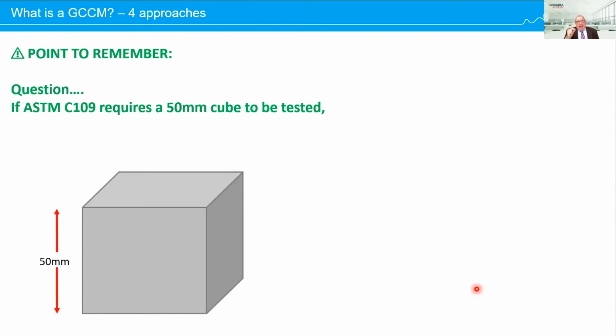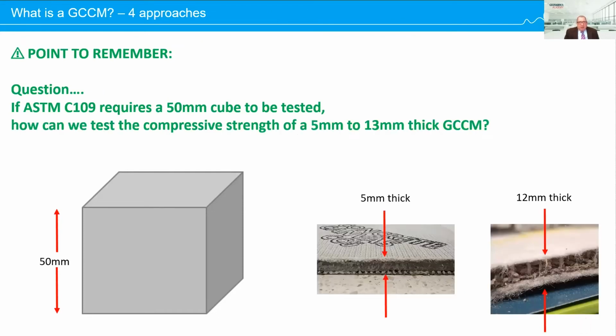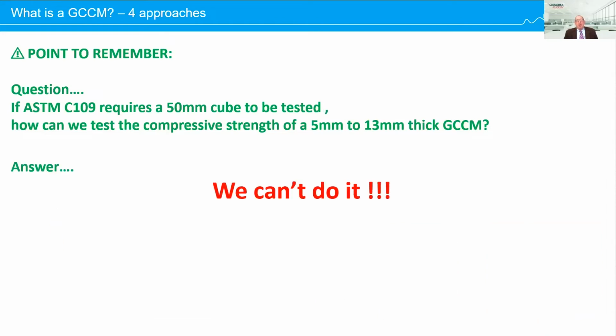If the standard ASTM C109 requires a 50 millimeter cube to be tested, how, obviously a rhetorical question, can we test a 5 millimeter or 12 millimeter thick GCCM if this test specifically requires a 50 millimeter cube test? The answer is we can't do it.